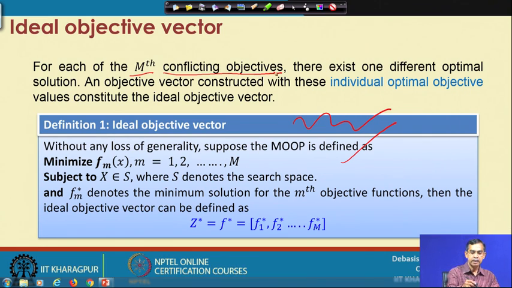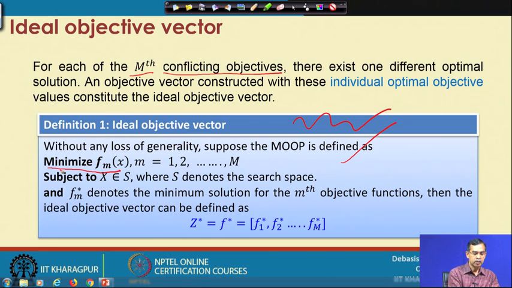Now, here the same thing is discussed in a more formal way. For simplicity, we assume that all the objectives are to be minimized. It is a generalization; there may be some objective functions to be minimized and some to be maximized, but by the principle of duality, all objective functions can be converted to only one type.